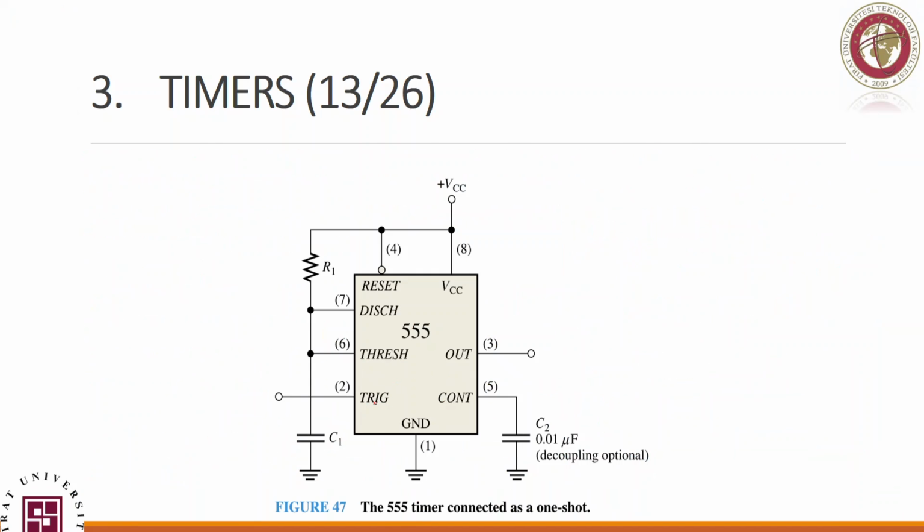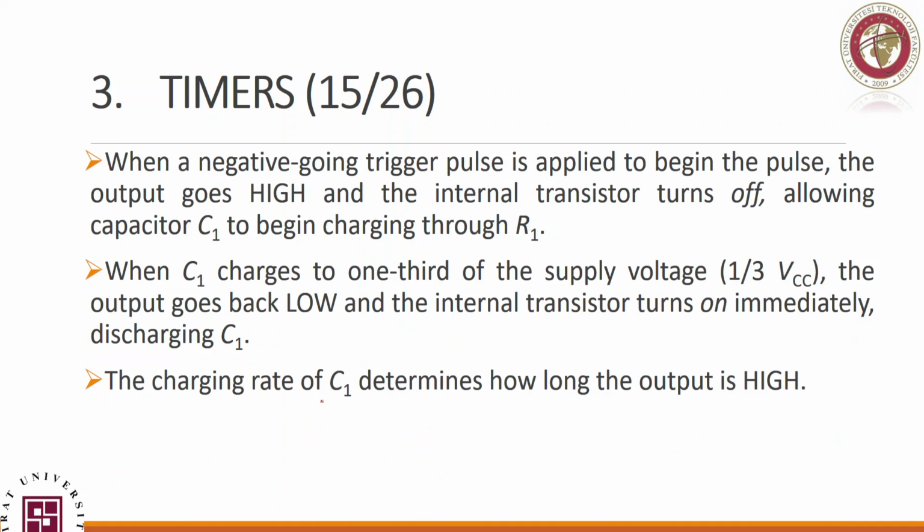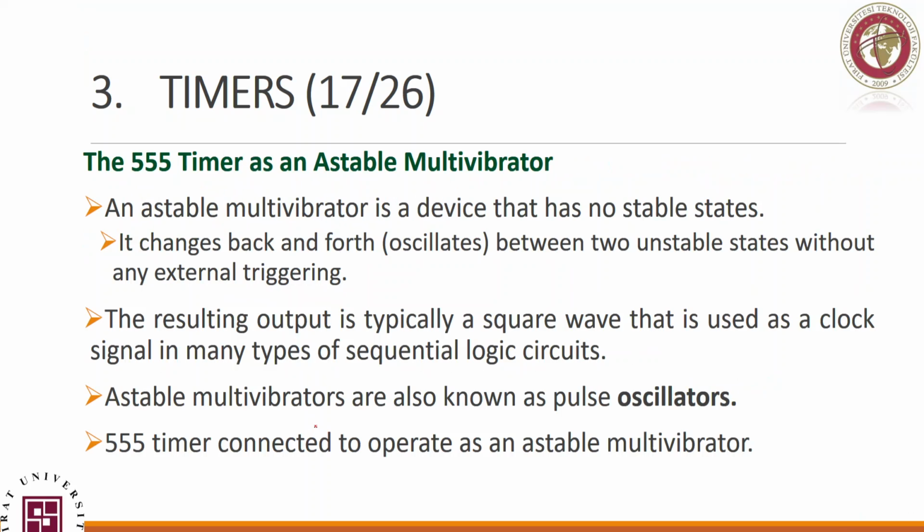For configuring the 555 oscillator in this case, we don't need a trigger. It's unstable by itself. It keeps bouncing between two levels, and this is what we refer to as oscillating, or we refer to the device as an oscillator. And that's how it's created.